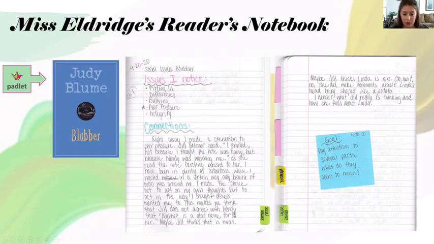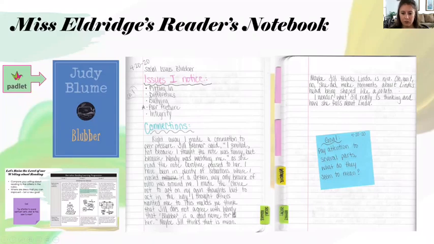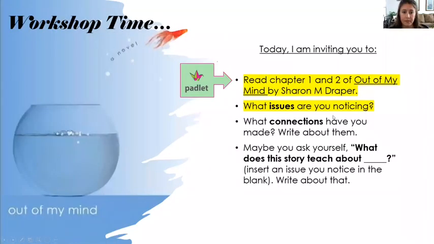And then I wrote about it on these 2 pages. Again, my writing stamina is not as good as yours. I should have a larger volume of writing. I hope you do. And as you can see, that sticky note that I created from the previous slide is on my notebook page. And that is what I will move page to page until I feel like I have achieved that goal.